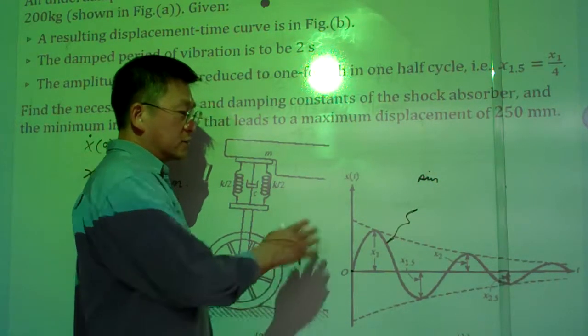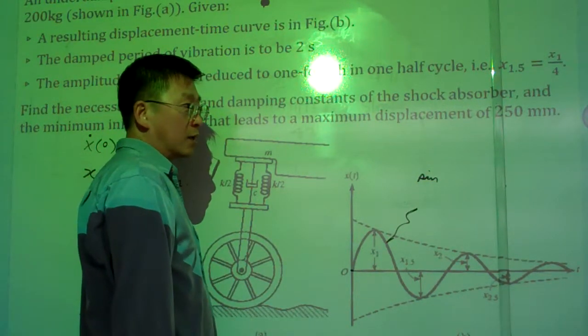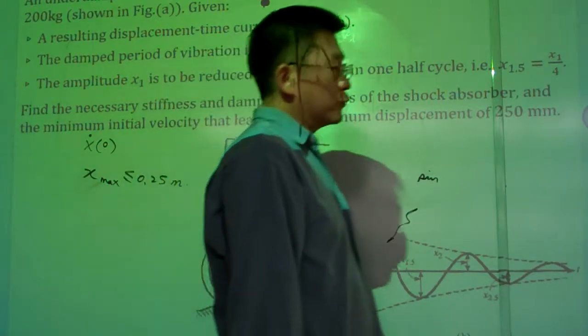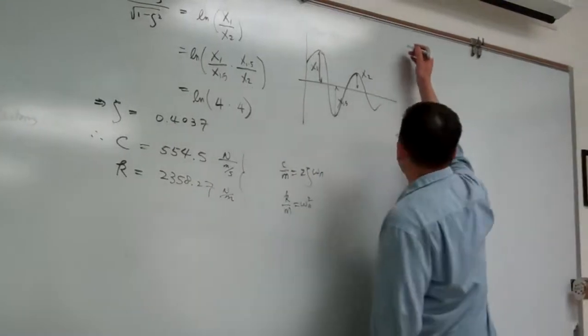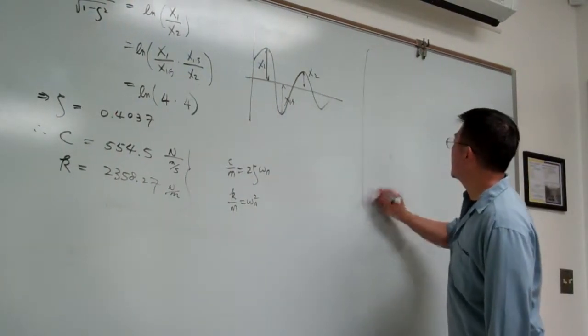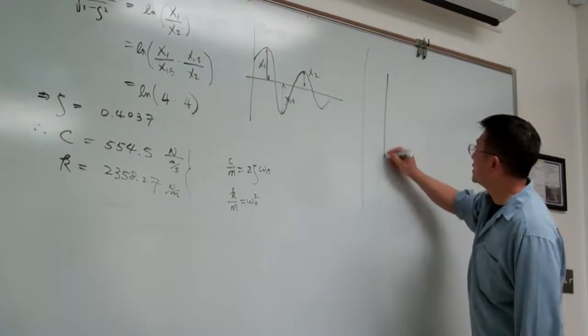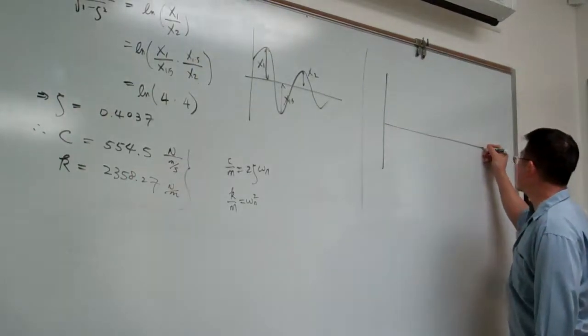And we know this is damped vibration, and if we remember our total response, this is our generic pattern. From the side, again, this is a very important concept. This is time.